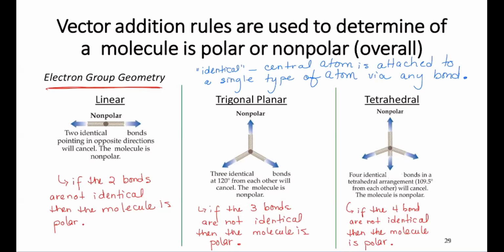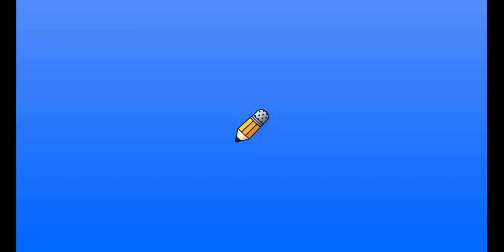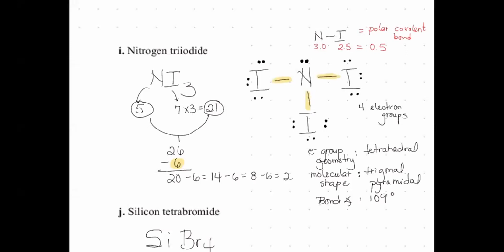For a tetrahedral molecule, we need 4 identical, quote unquote, and as you can see, the definition that was said in class by Francisco, really awesome. Remember, identical means that their central atom is attached to a single type of atom via any bond. So we need to have that atom in the same direction, in all 4 directions. So when we look at the example that we were working with, this is a tetrahedral.